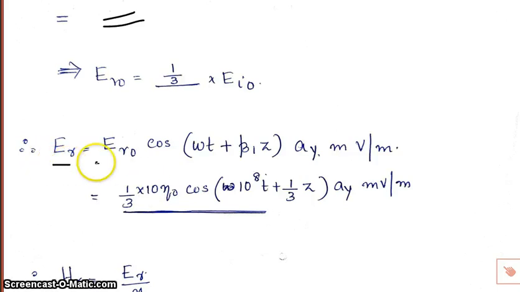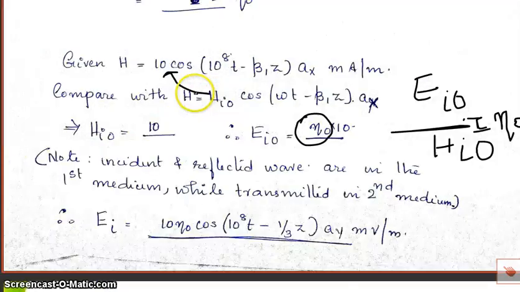So you can find E_r. The general expression is E_r0 cos(ωt + β1 z). The reflected wave is in your first medium, so beta 1 you have to write. And E_r0 is 1 by 3 E_i0, and E_i0 is 10 eta naught.